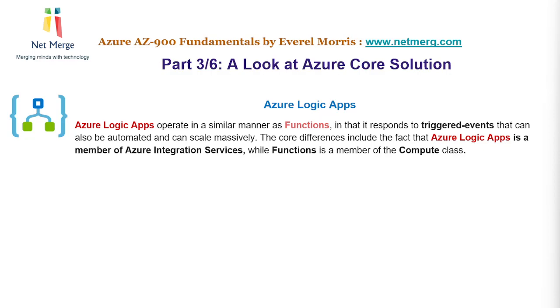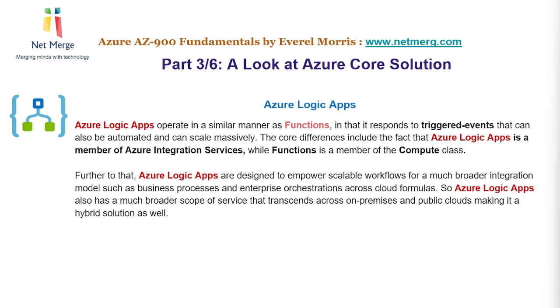Okay, so one is an integration service. The Azure Logic app fits better into the continuous integration, orchestration, and continuous delivery pipeline in Azure, and it's used mostly for workflows. So they both have different usages as well. Now, further to that, Azure Logic apps are designed to empower scalable workflows.